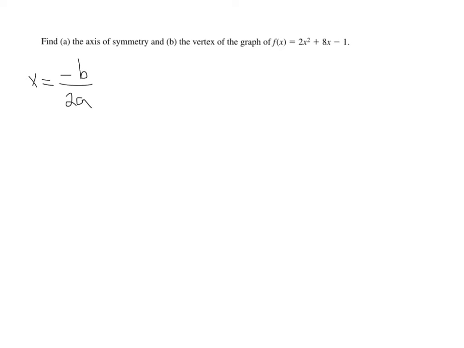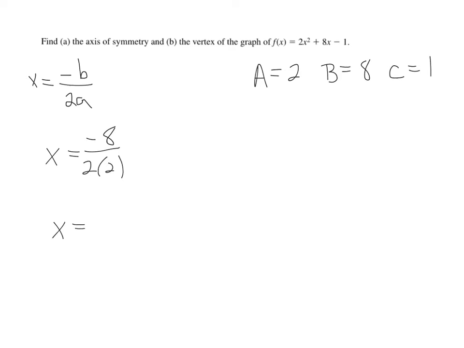So if we look at this equation, a is 2, b is 8, c is -1. So x is equal to -8 over 2 times 2. -8 divided by 4 is -2.